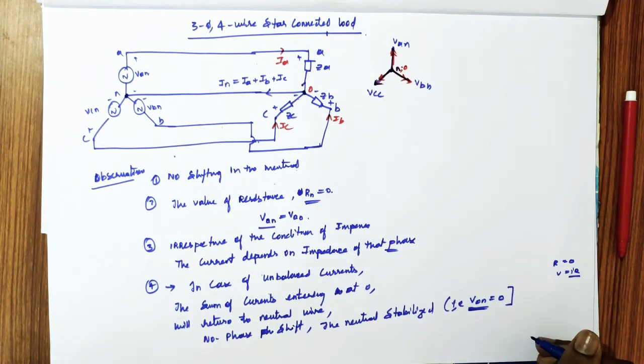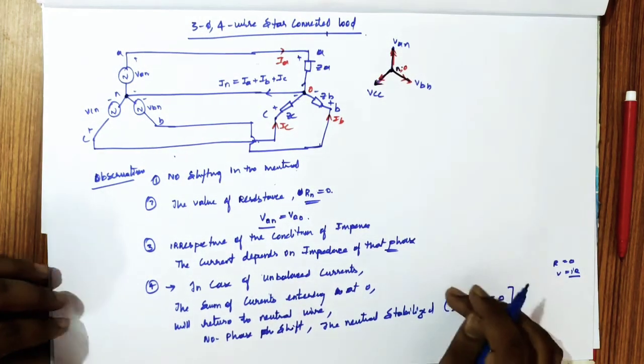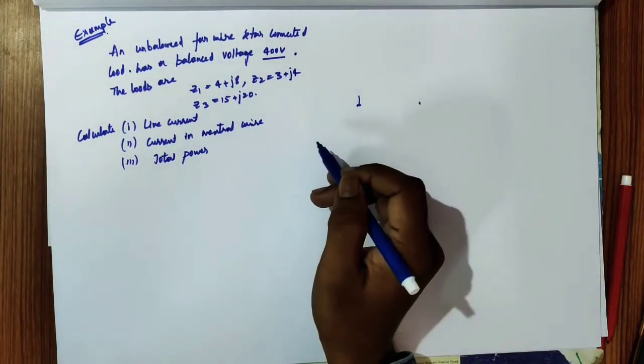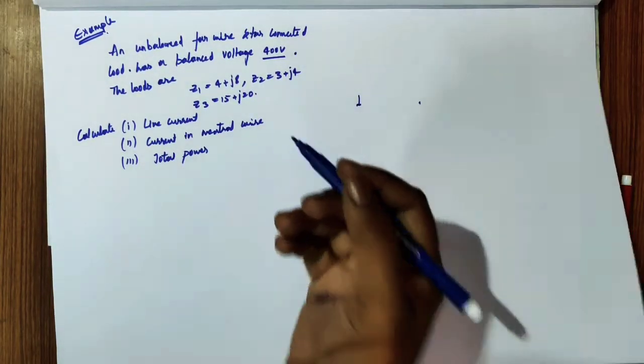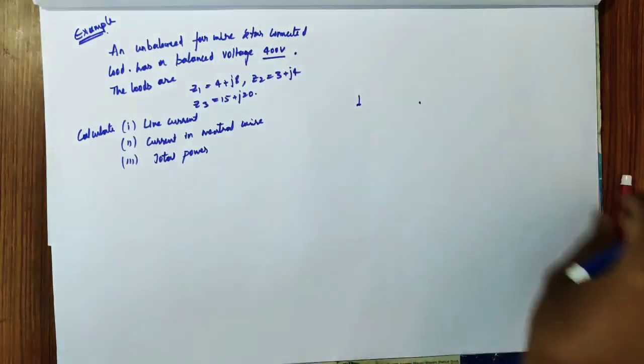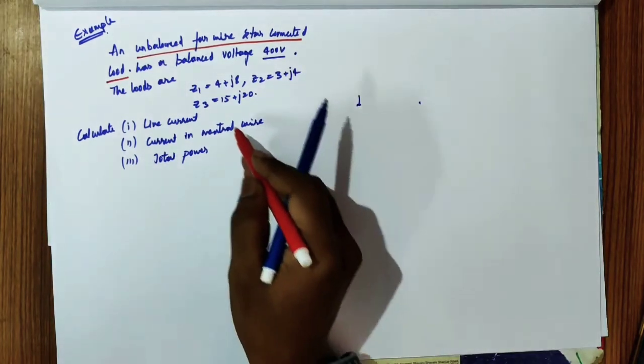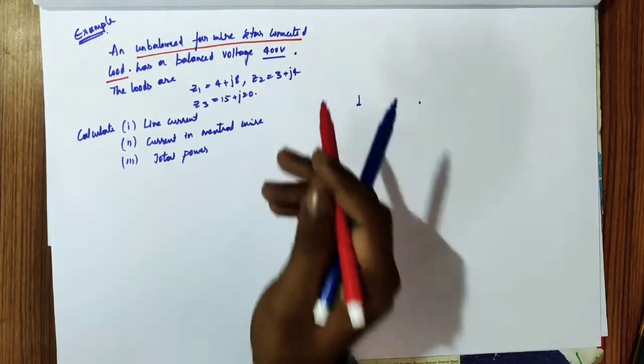Now we will solve one sum of this 3-phase 4-wire system. This is the example for a 3-phase 4-wire system: an unbalanced 4-wire star connected load, where unbalanced means you have different values of impedance.